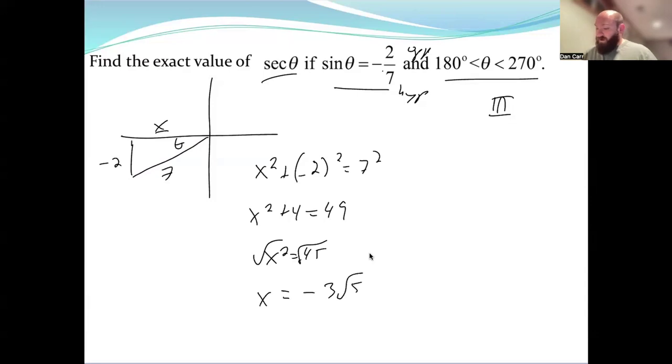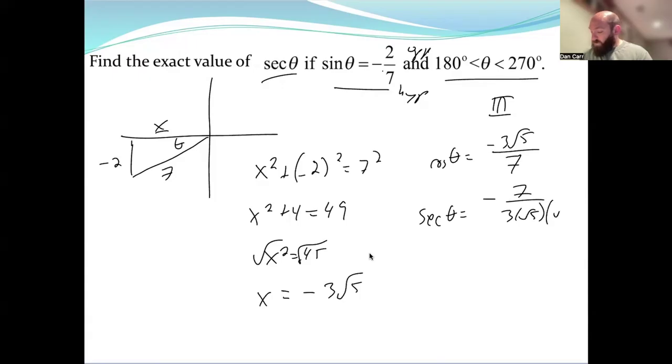That means I want to find secant. Well, secant is the reciprocal of cosine. So if I write that down real quick, cosine is going to be adjacent, so negative 3 root 5 over hypotenuse, which is 7. So I'm going to flip that for secant. Secant theta is equal to negative 7 over 3 root 5. So we're going to multiply this by root 5 over root 5.